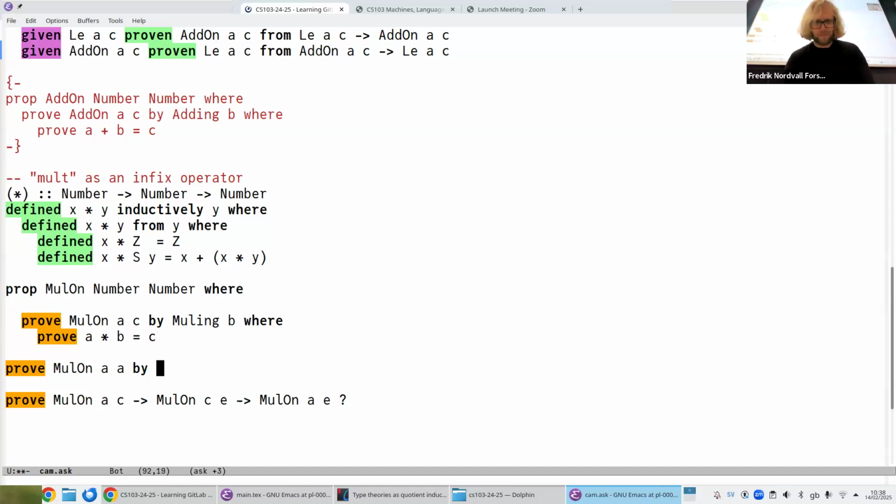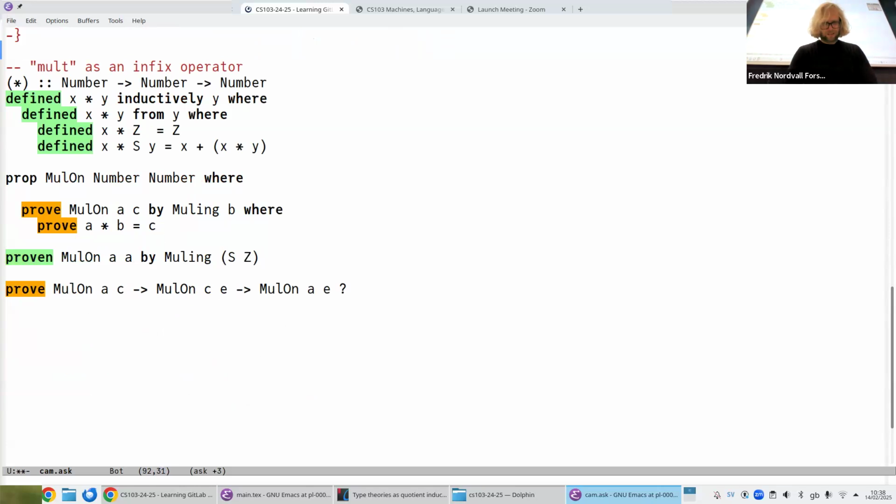So I'm going to say by mulling 1. Okay, and then happily, there is nothing to be proven because Agda just computes and sees that A times 1 is just adding A 1 time, right? Which is just A. So that was easy.